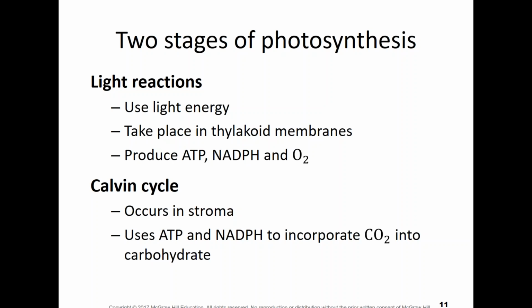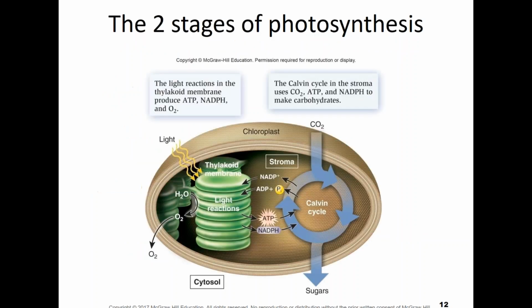And the ATP and the NADPH that are produced in the light reactions will provide the energy to build a glucose molecule or half of a glucose molecule from carbon dioxide. It's a really cool process. And think of it, it's kind of like cellular respiration in reverse.